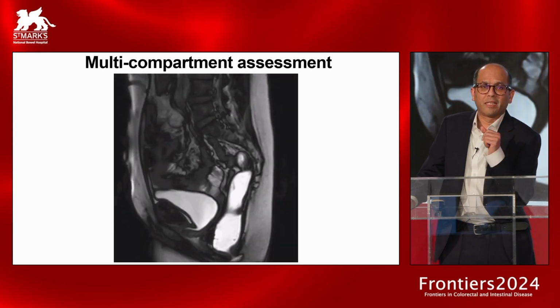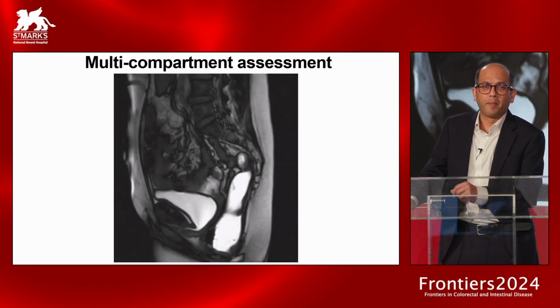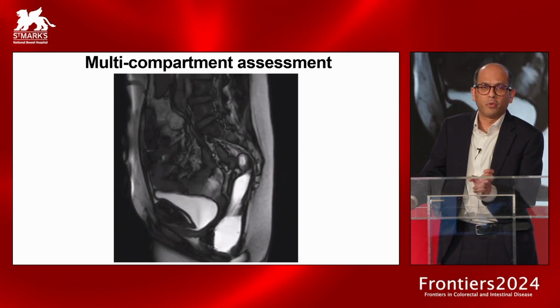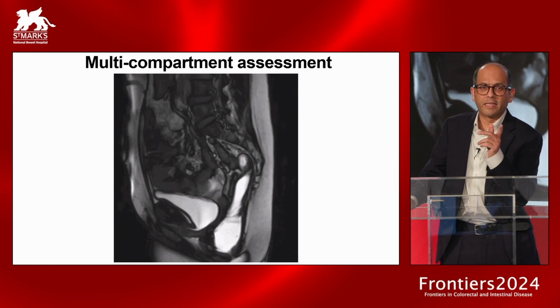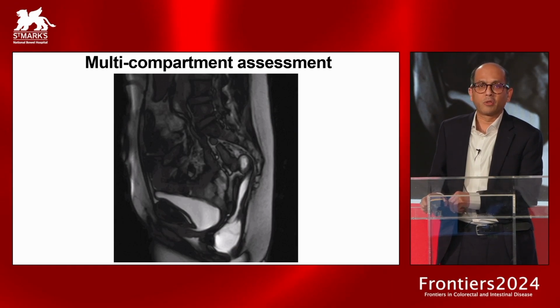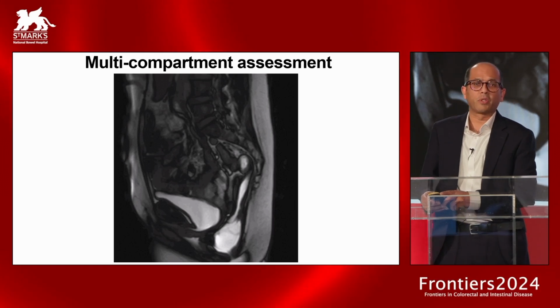And although there isn't significant descent of the bladder, if you look closely there's urethral hypermobility, and there's leak of urine just visible below the bladder. So as you'd expect, this is quite helpful to provide an assessment of the anterior and middle compartment, as well as seeing what's happening to the rectum.